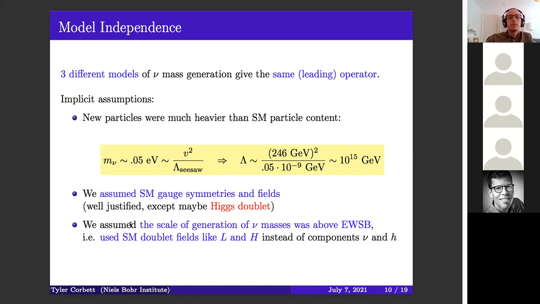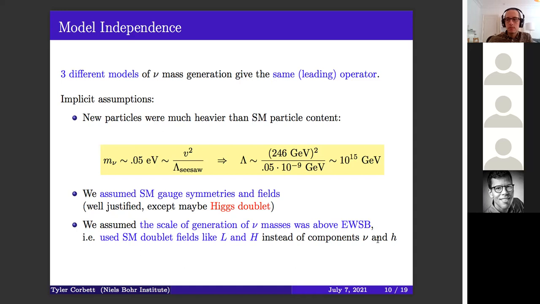And then we assume that our effective field theory is written in terms of these doublets, L and H and whatever else from the standard model, instead of their components. And these were really the only assumptions that went into this.